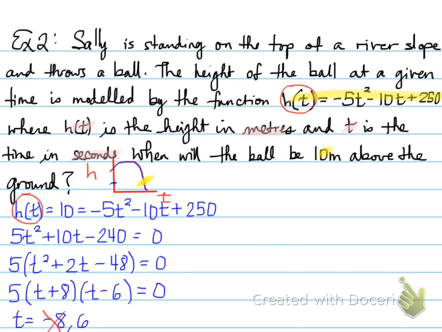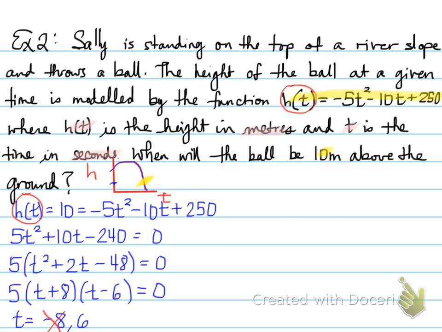Now, I want you to look at this. I crossed that out for a second. How come negative 8 was crossed out? Well, let's go back and look at what t represents. Up here, it's told to us in the question that t is the time in seconds. Look at our answers. Why is the negative 8 not acceptable? Hopefully you're thinking, oh, that's right. You can't have negative 8 seconds.